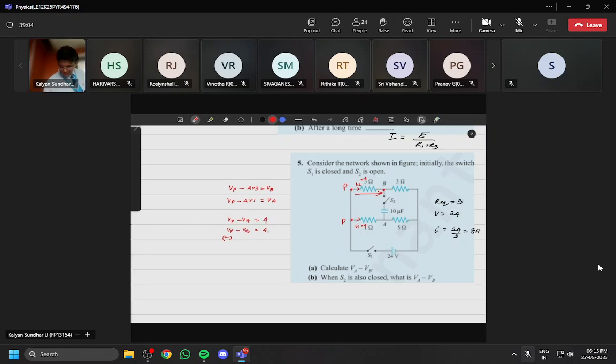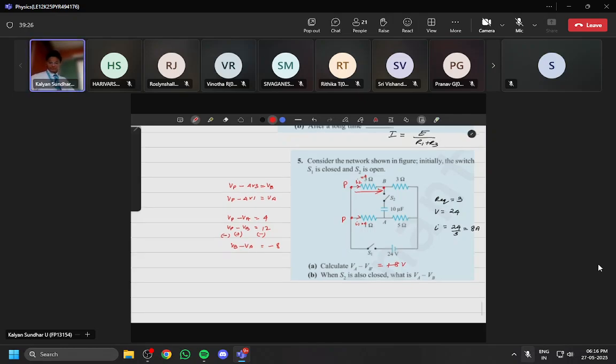Oh, sorry, this is 12. Right. Minus plus minus. So VB minus VA will be equal to minus 8 volt. நமக்கு தேவை VA minus VB. So it will be plus 8 volt. புரிஞ்சுதா?